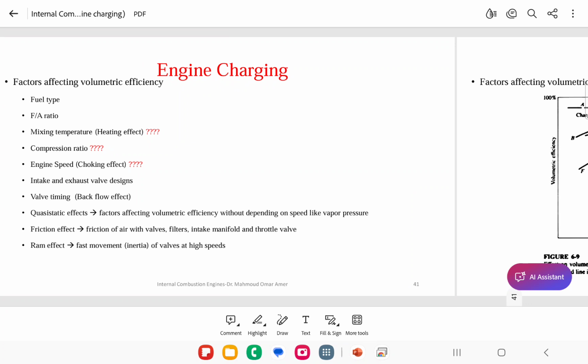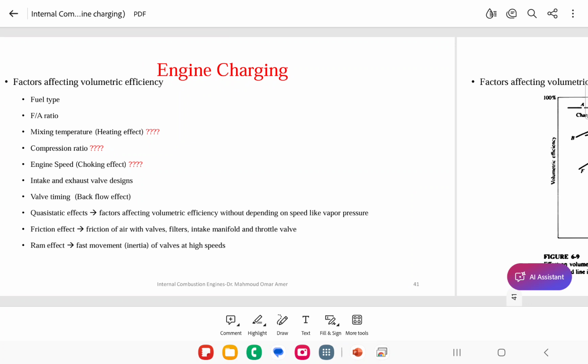The mixing temperature, which is called the heating effect. If the mixing temperature is high, what happens to the charging efficiency? Charging efficiency is the actual mass over the theoretical mass.